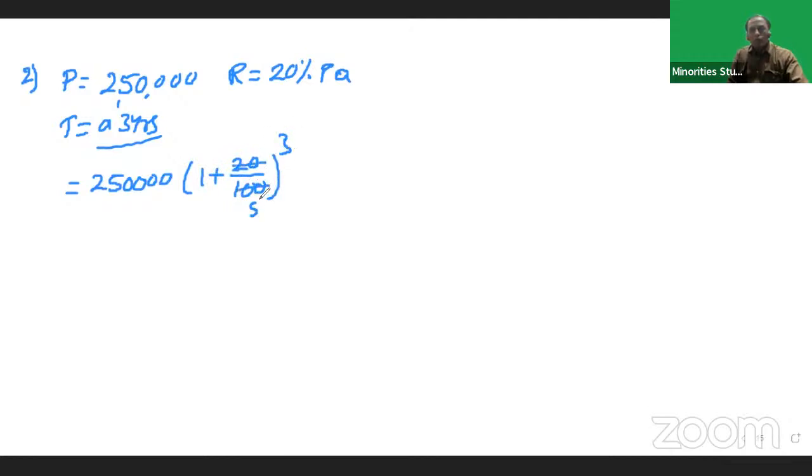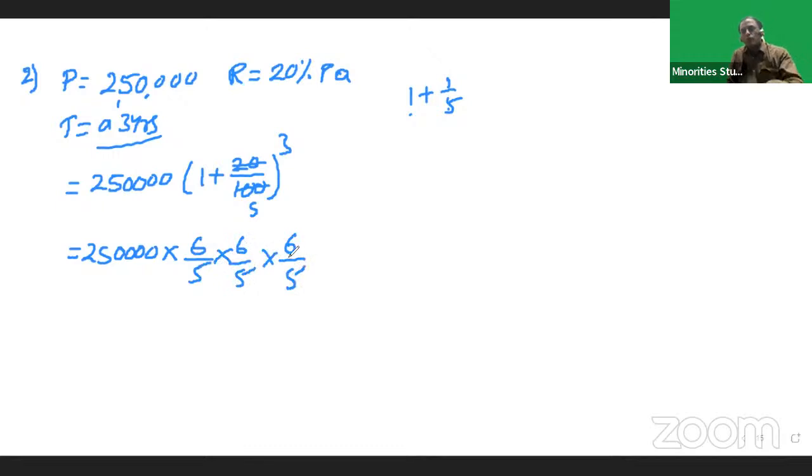Now it is 1 plus 1 by 5. 2,50,000 into 1 plus 1 by 5. 5 into 1 is 5, 5 plus 1 is 6. 6 by 5 whole cube. 6 by 5 whole cube means write 3 times: 6 by 5 into 6 by 5 into 6 by 5. What is 5 into 5 into 5? 125. 125 into 2 is 250, and 3 more zeros.